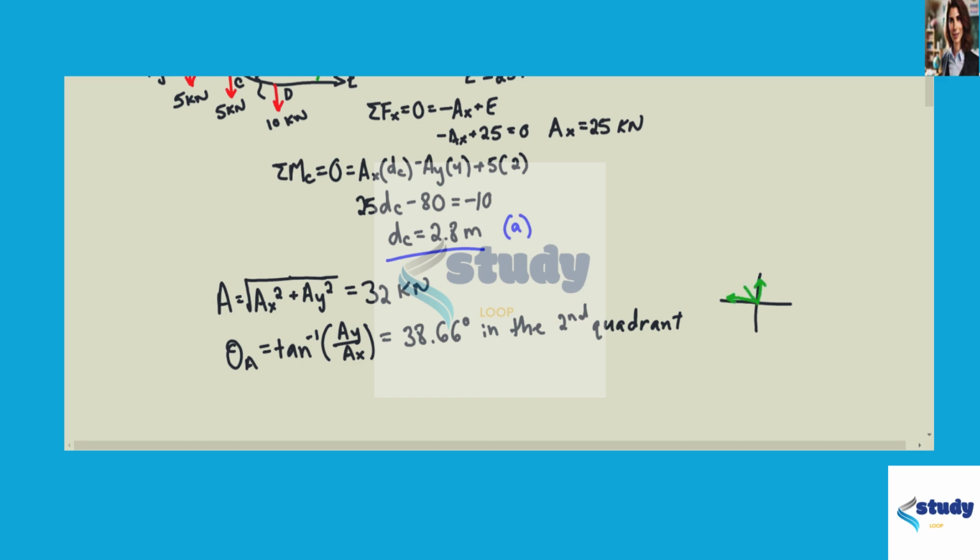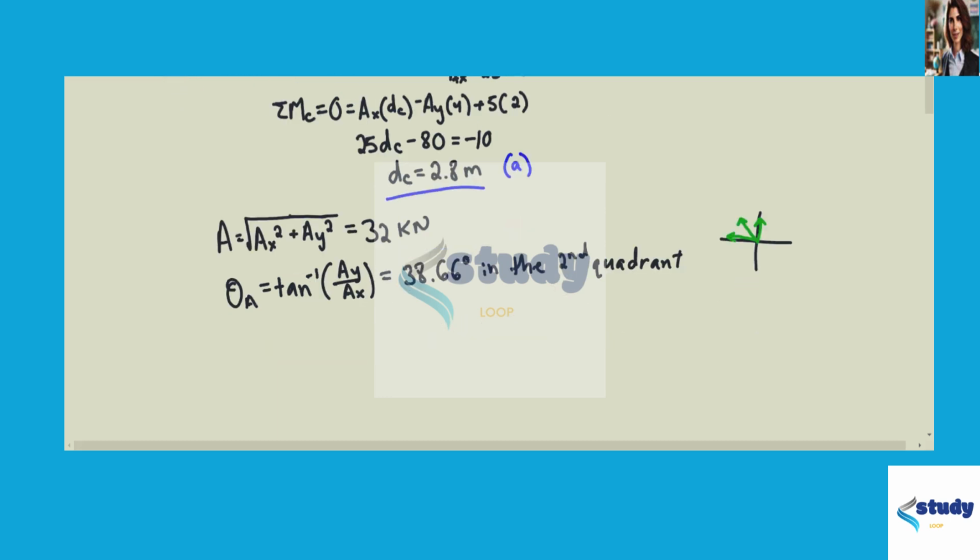So now the last thing they wanted us to solve for is the reaction at E. And because there's only one reaction at E and it was in the X direction, E was 25 kilonewtons, and that is it because there was only one reaction force.